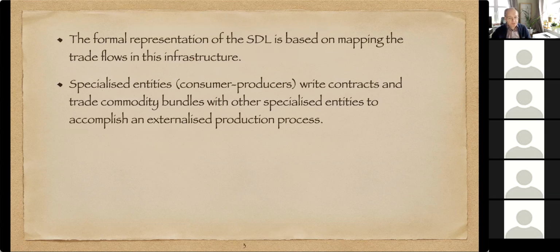Now, if you want to switch to another corner point, you essentially modify the trade infrastructure, because you will assume a different role, you will assume a different profession, that means a different production plan, and as a consequence, your trades will be different. And that means that when we map that, you are looking at a new map. The map is changing because somebody made a decision to switch from one corner point in the production set to another.